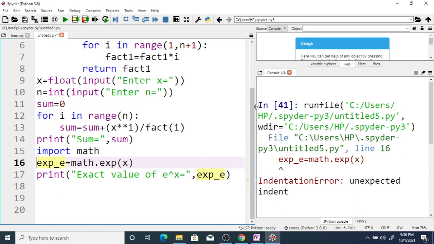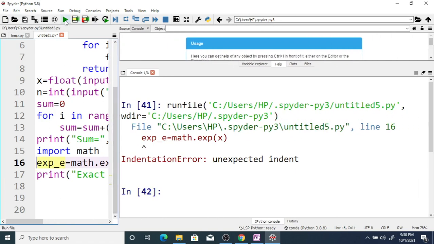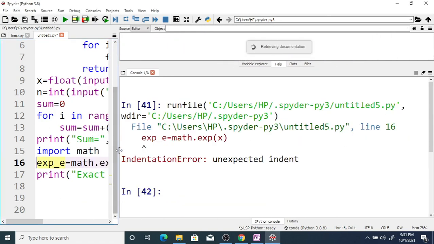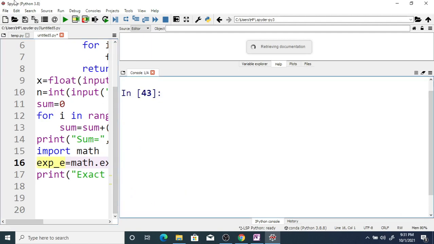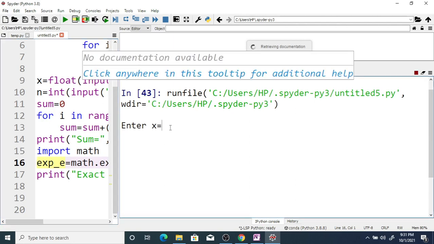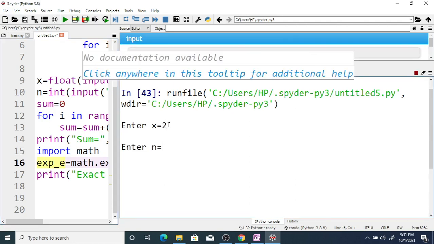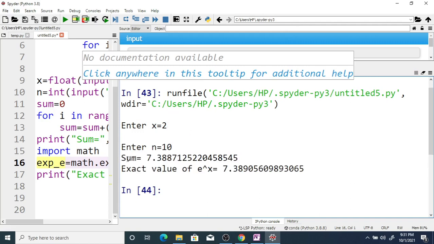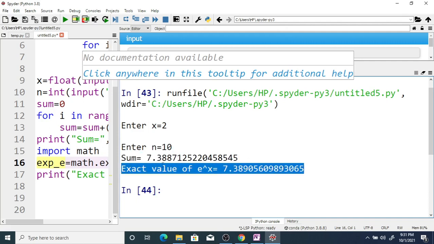Now if you run one more time, now enter the value of x, say 2, and enter n, say 10, then you can see here this is the approximate value by using series expansion of e raised to x, and this is the exact value by using the standard function. So you can observe here the approximate value is very close to the exact value.